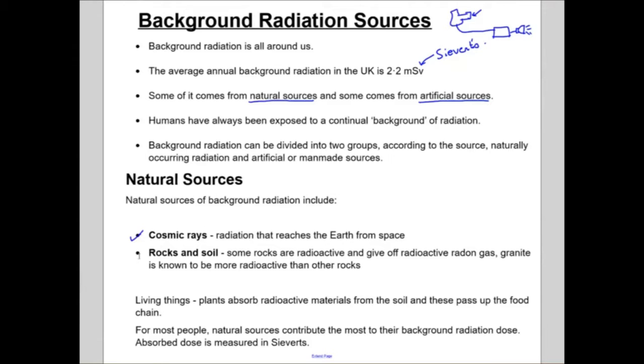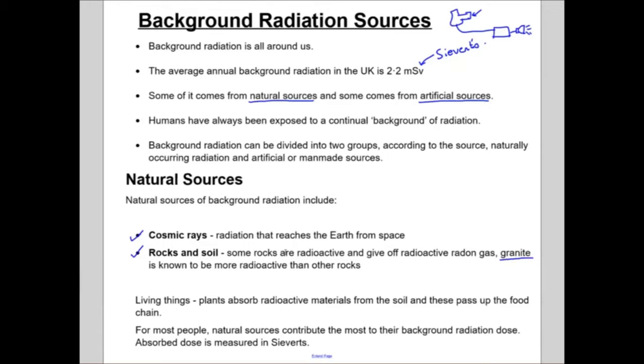Then, along with that, there are certain rocks and soil which are radioactive or produce radiation. One very common type of rock is granite, right? Granite is radioactive and produces radiation.